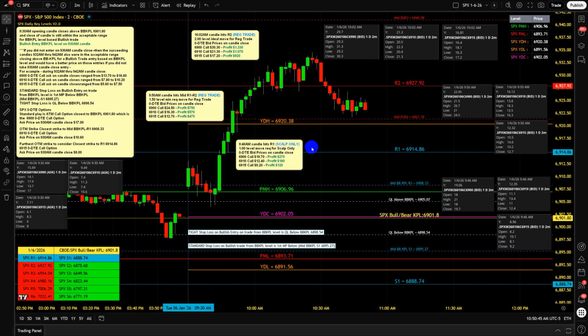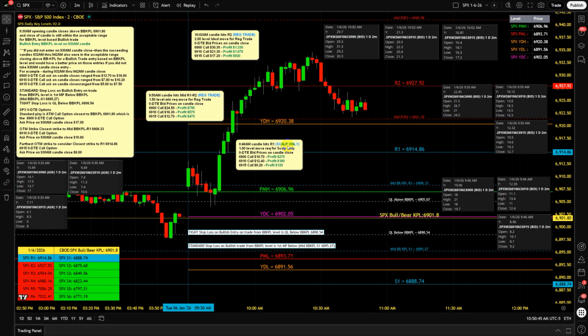You're not doing any adjustments to your stop loss, and you're not doing any scaling out. You're simply exiting 100% of your option positions, whether you're trading one contract, two, three, 5, 10, 20, etc. On a scalp only, you are exiting once it hits the one level move in your favor.